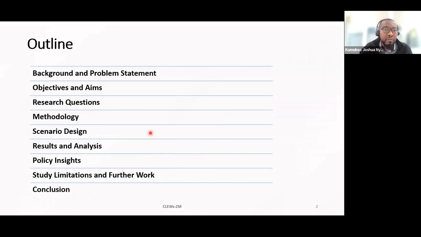We'll start with the background and problem statement, objectives and aims, research questions, the methodology, and scenario design. Then we'll briefly look at the results and analysis and some key policy insights. Thereafter, we'll look at the study limitations and opportunities for further work. Then we'll conclude.